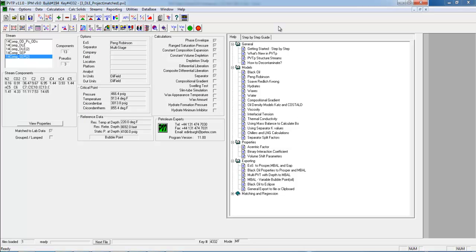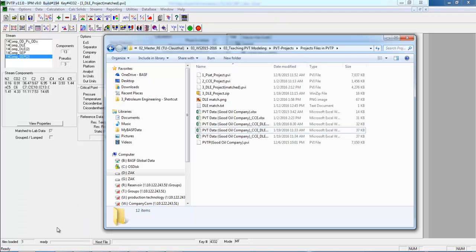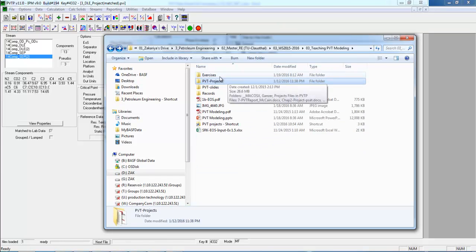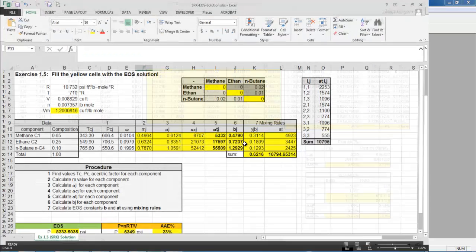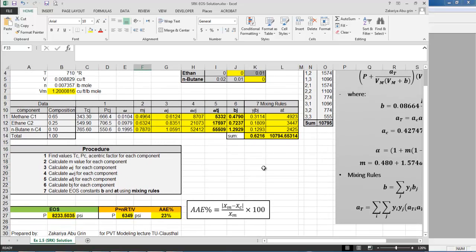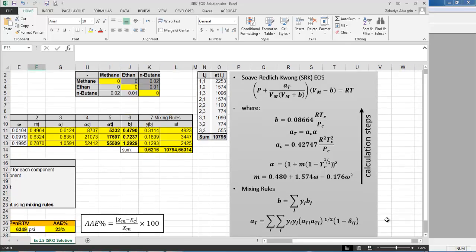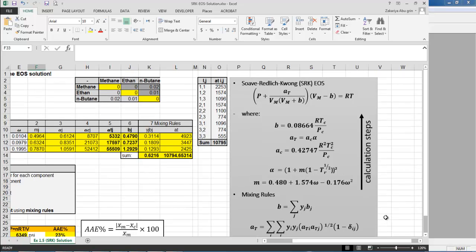That will bring us to the equation of state, where, if you remember from this calculation, I think this one, and this. It's just a number where you change it to improve your matching. And you go back to the equation of state to see that.